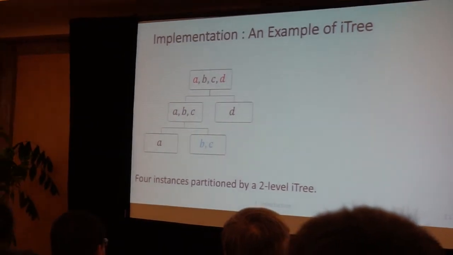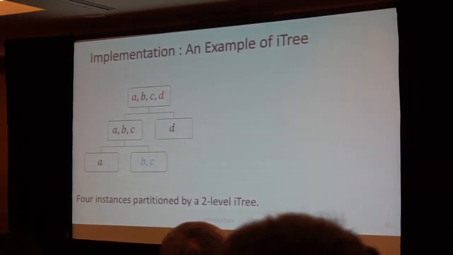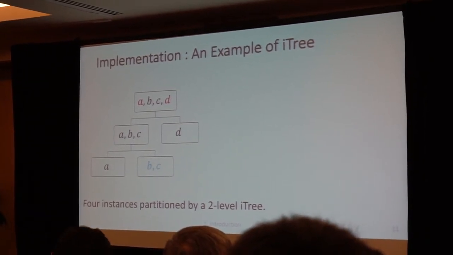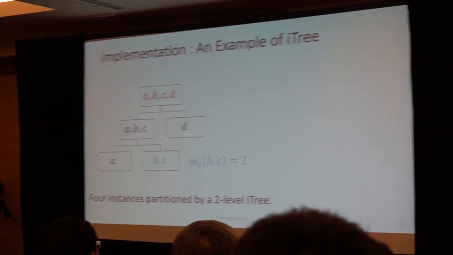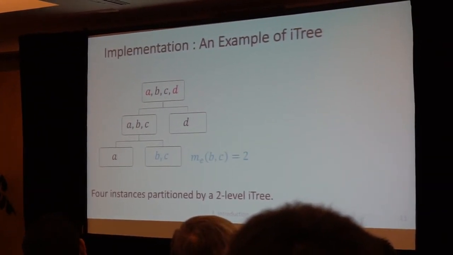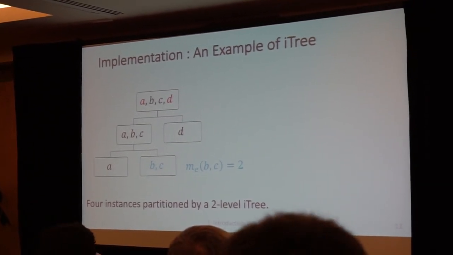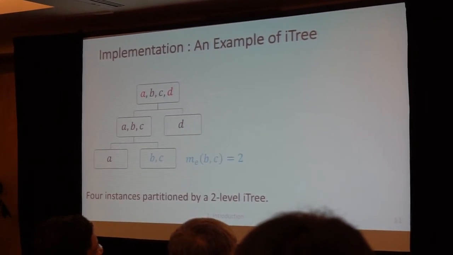Now, this is a graphical example of an iTree. Let's say you've already built a tree, and there are 4 examples in here. Now you want to find out the similarity of B and C. In this case, the node here is the smallest, the lowest node that covers B and C. So in this case, the mass will be 2.